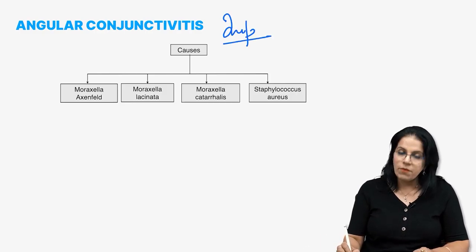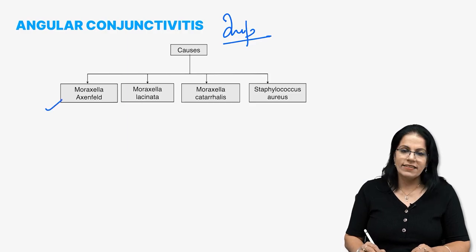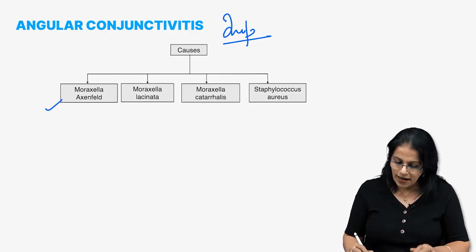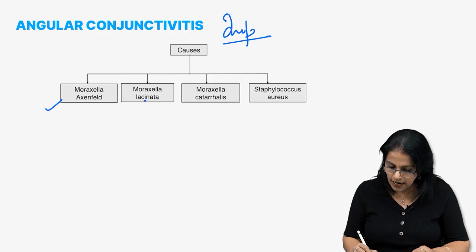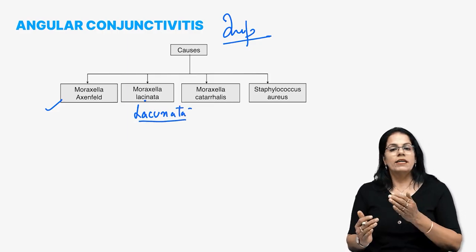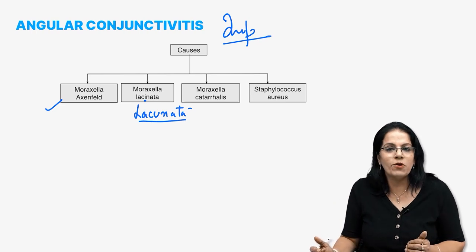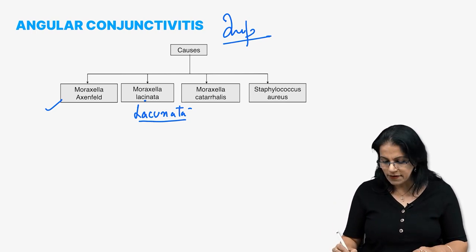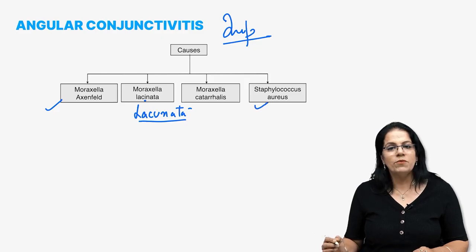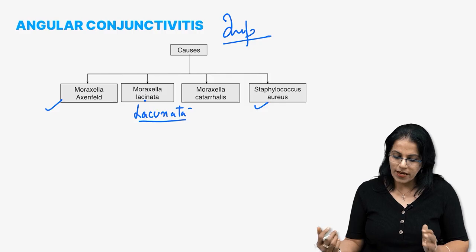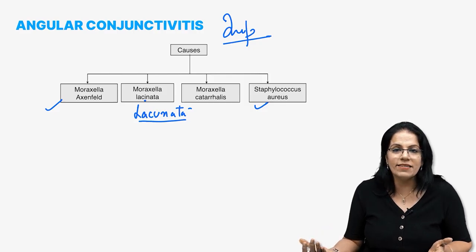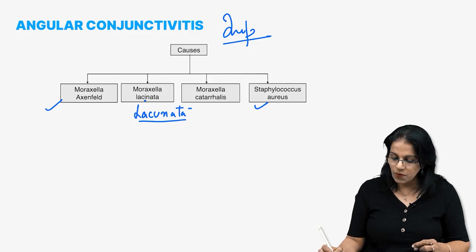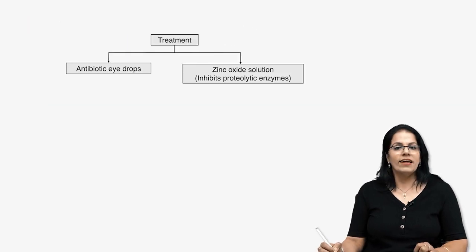They can ask you Moraxella Axenfeld. This is mainly asked, and of course, you should know about Moraxella lacunata, L-A-C-U-N-A-T-A. Please make this correction. It is lacunata or Moraxella catarrhalis. These are the three Moraxellas, and of course, Staph aureus. Moraxella is a diplobacillus. So, you are going to give antibiotics as treatment in both cases, and of course, one more important thing is zinc oxide lotion.